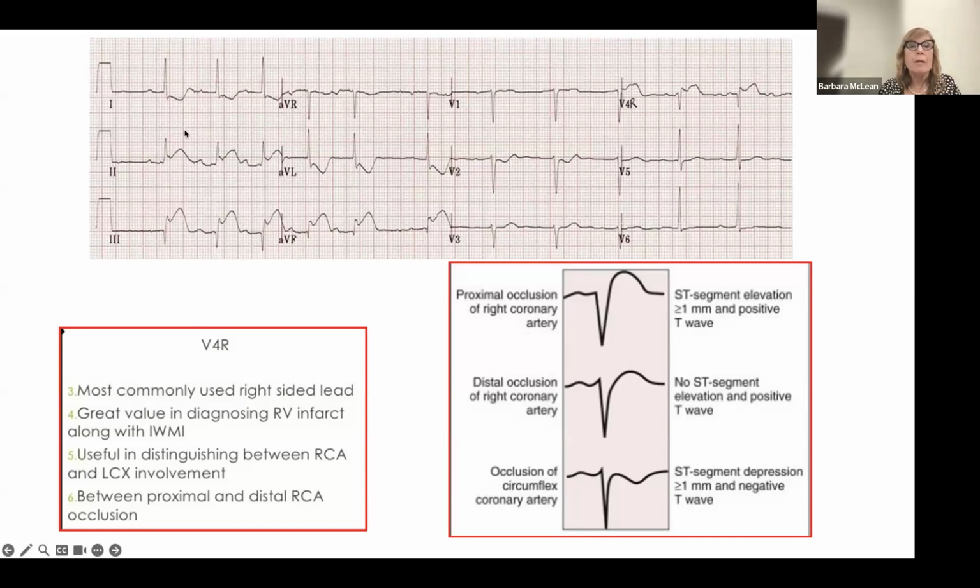So I can say here, I'm having an acute inferior STEMI, no posterior wall involvement that I see, but via my right-sided EKG, I have ST segment elevation in V4R, so I am actually involving my right ventricle. So I'm infarcting both the right ventricle and the inferior wall of the left ventricle.